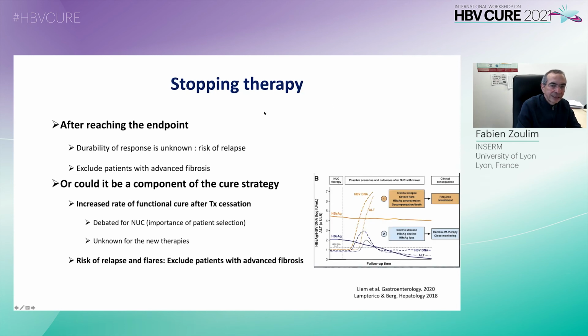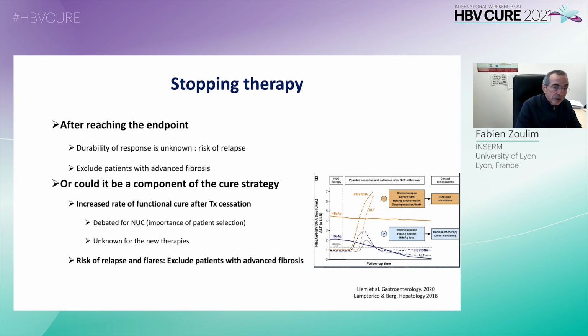Another point to consider is whether stopping therapy should be considered only after reaching the endpoint, and there all the questions remain regarding durability of response, whatever the mode of action of the drug. In any case, we should exclude patients with advanced fibrosis.